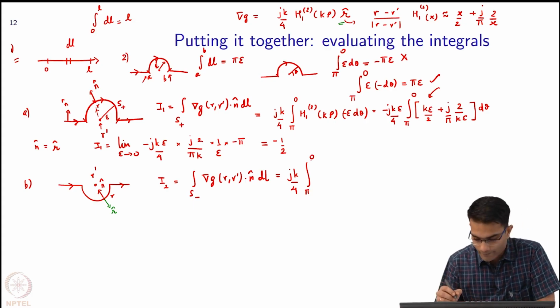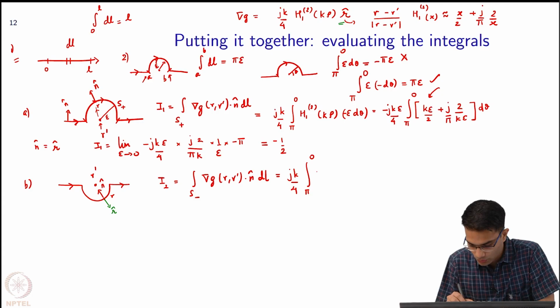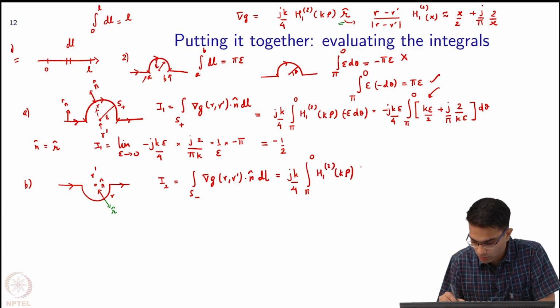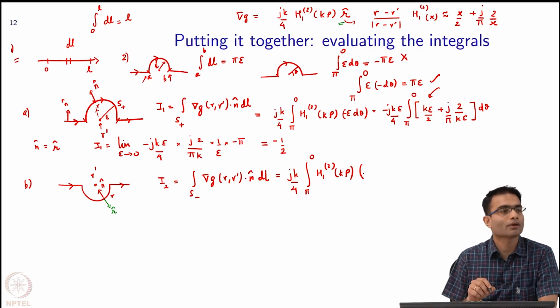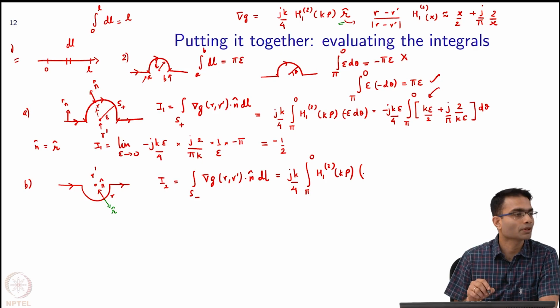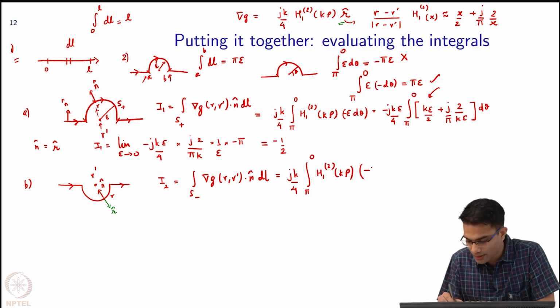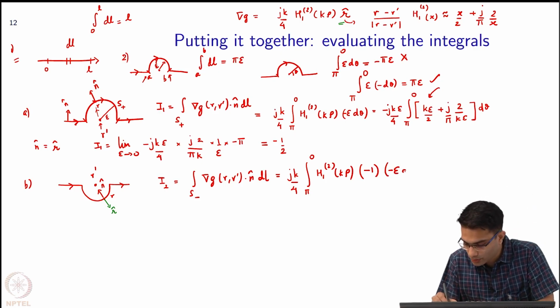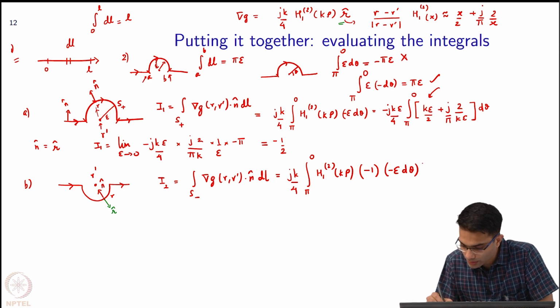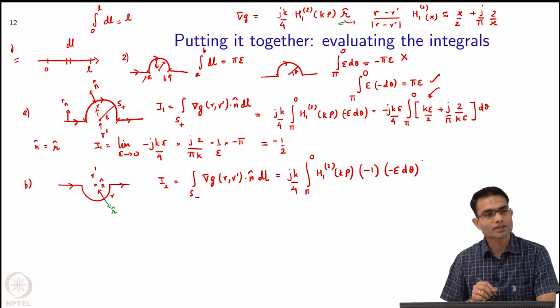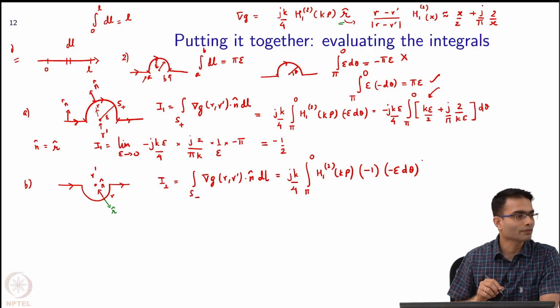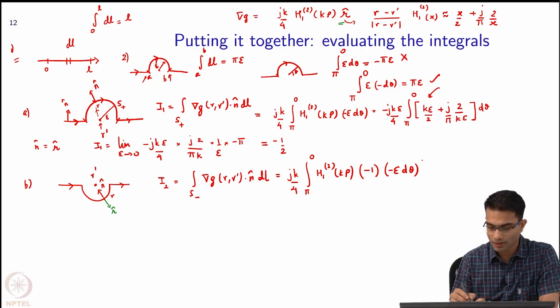And h12 k rho now is the term which I have to be careful of, r hat dot n hat, which is going to give me now a minus sign, right. So, there is a minus 1 and I have a minus epsilon d theta, right. That is all that I have left. So, it is identical to the term above except for one extra minus sign, right.